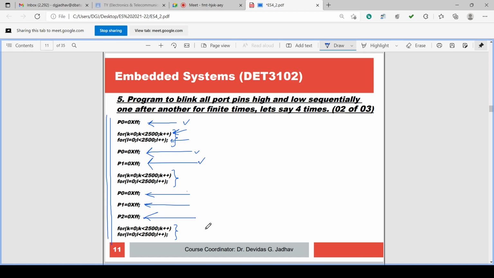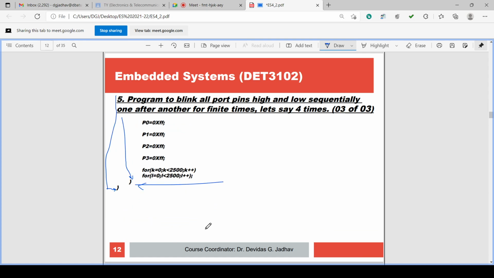Okay. So after these 3 ports are blinked high, now all 4 ports are blinked high. For that P0 is outputted 0xFF, P1 is outputted again 0xFF, P2 is outputted 0xFF, and this time P3 is also outputted 0xFF. Okay.